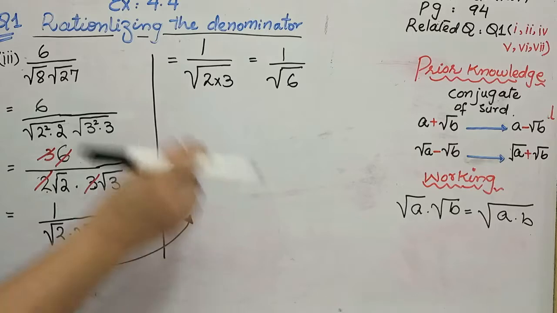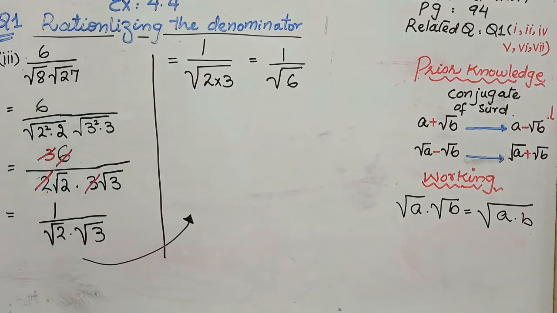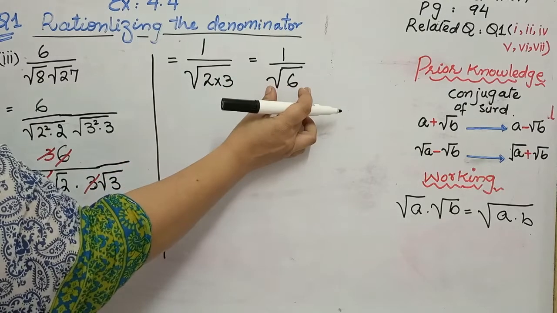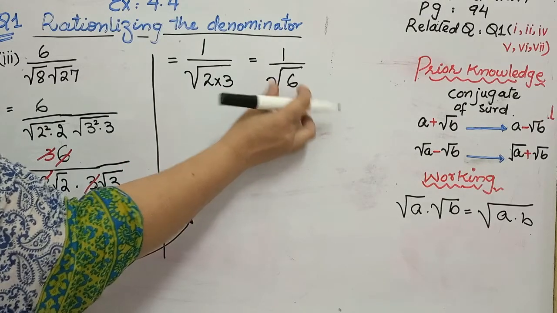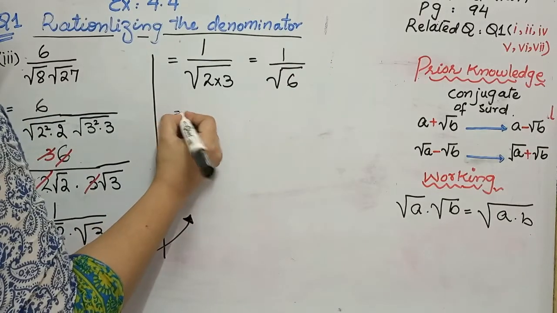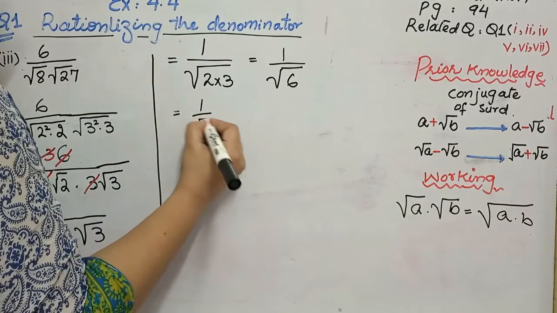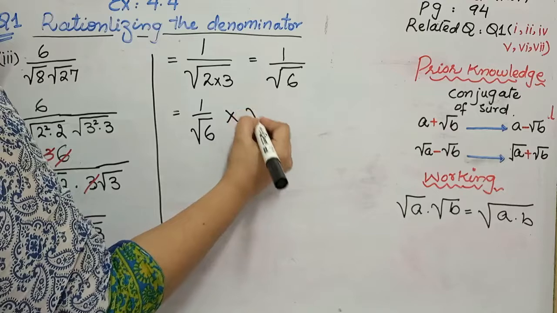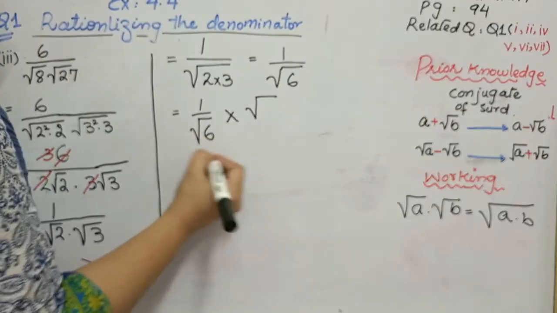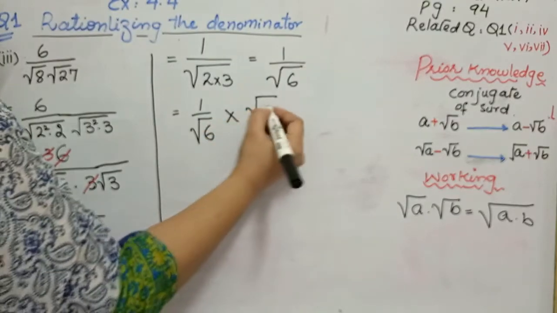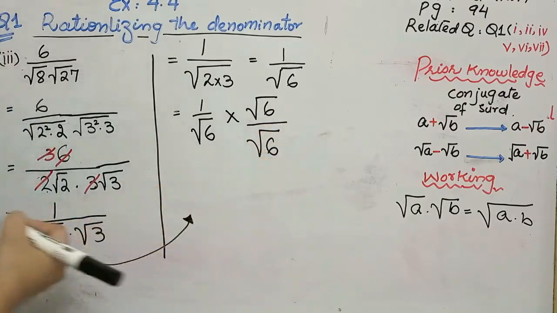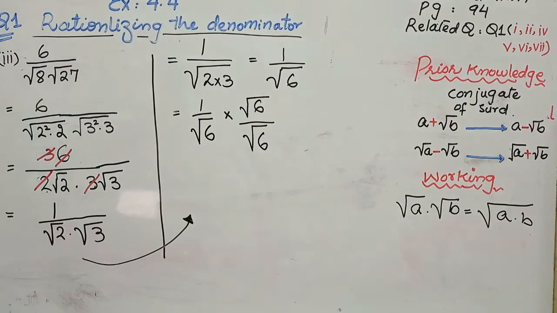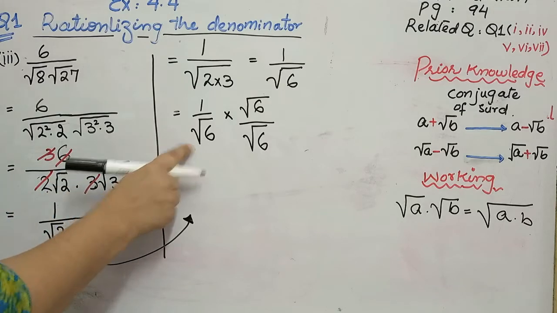Whenever we have a binomial term, then we take the conjugate. But if we have just a monomial term in the denominator, we simply multiply and divide with the same term written in the denominator. That is called the rationalization process for a monomial term.